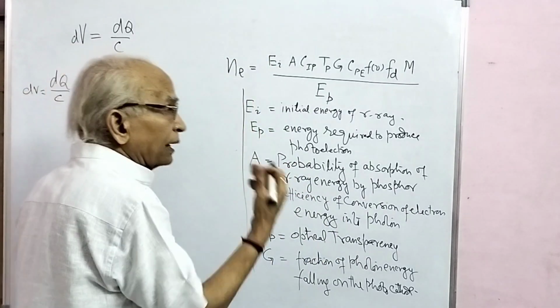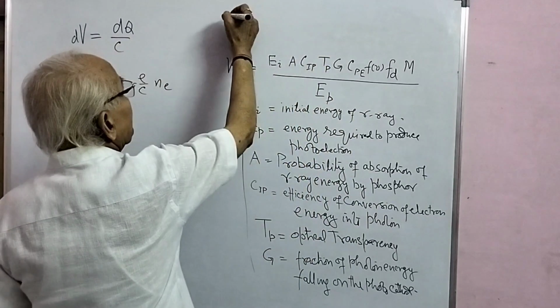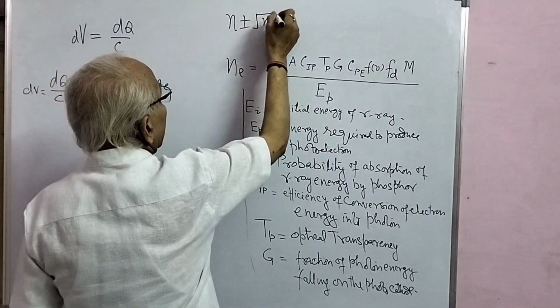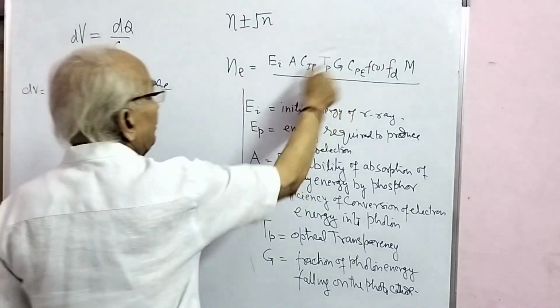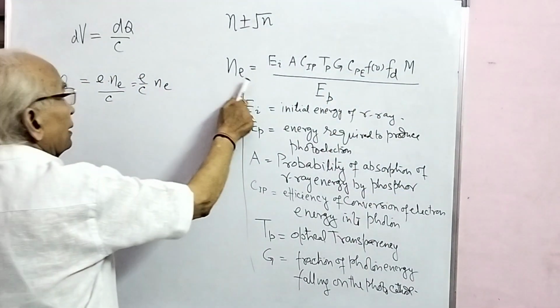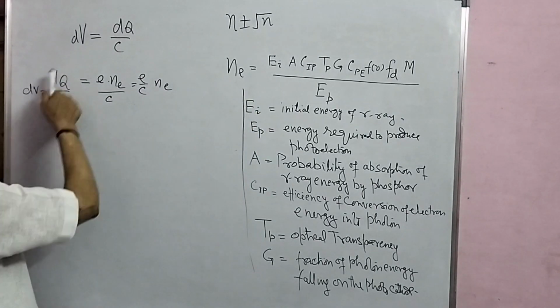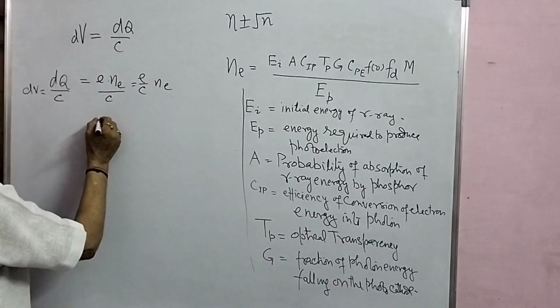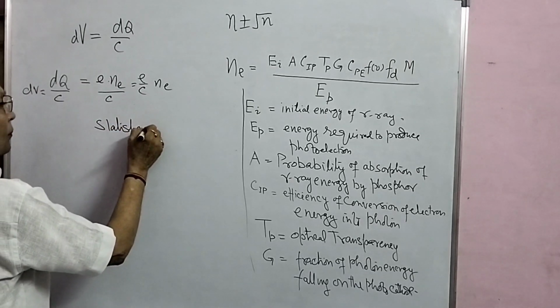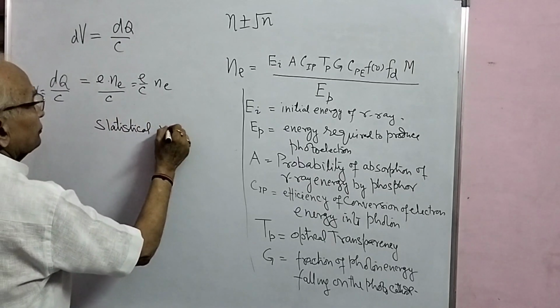This has got an error. With standard deviation we take n plus minus under root n. Means everything has got statistical variation. So remember, this pulse height will also have a statistical variation.